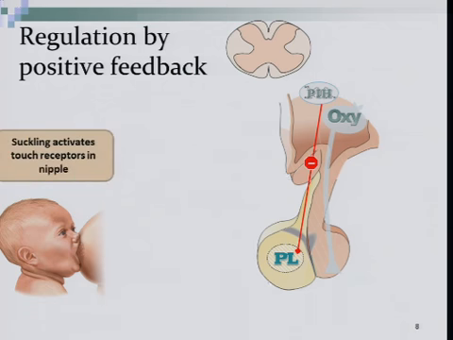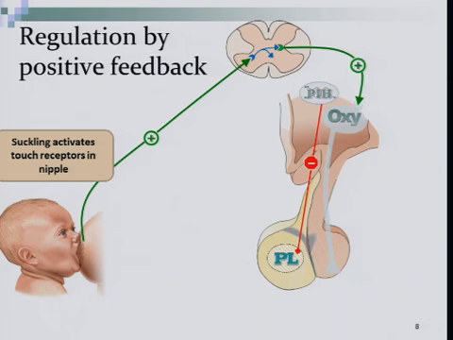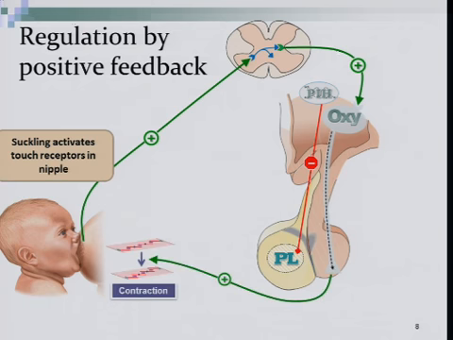But once the suckling starts at the nipple, there are mechanosensitive receptors in the nipple that are attached to the nerves that signal to the spinal cord. And in the spinal cord, up through the central nervous system, a signal is sent to release oxytocin through the posterior pituitary to cause contraction and eject the milk.